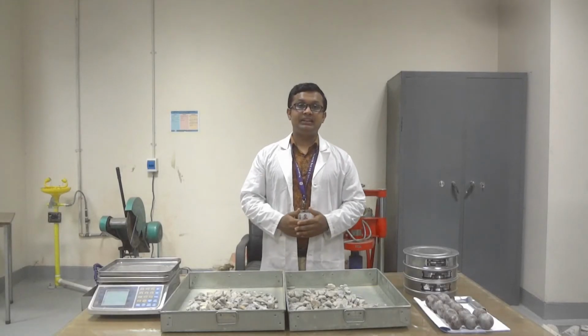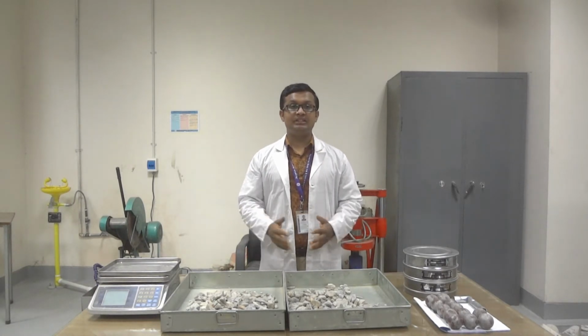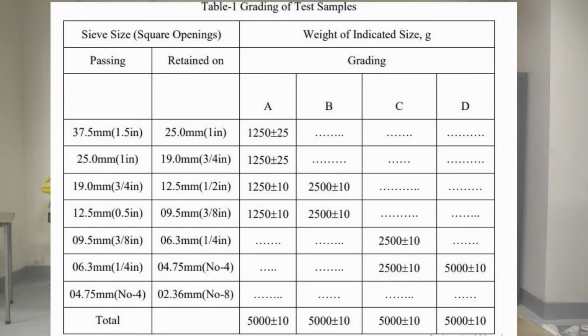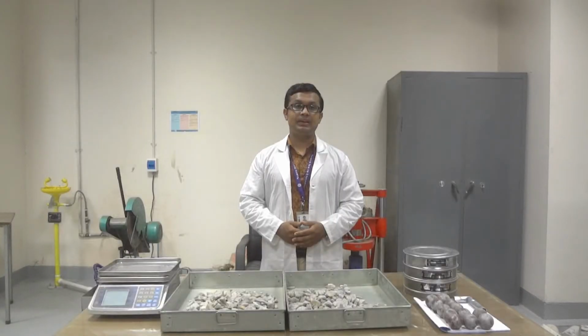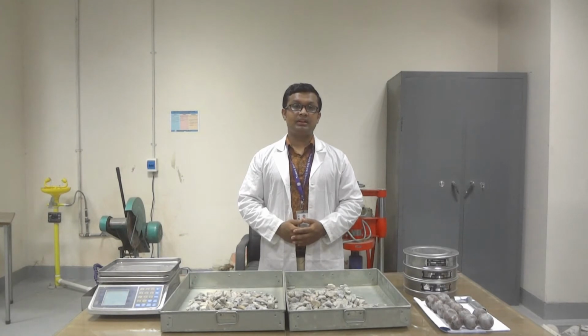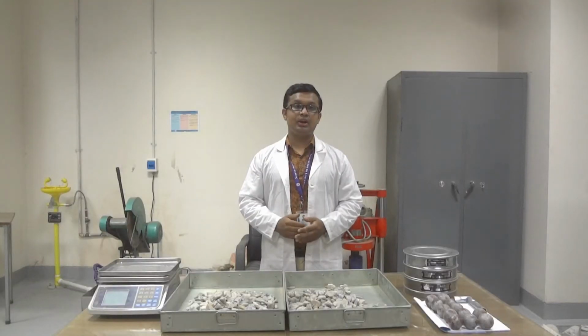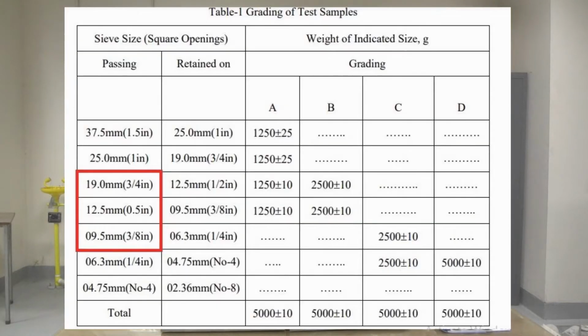The aggregate used for the test comprises grading as specified in this table. The selection of grading is dependent on its designated use. For example, if we are conducting the test using grading B, we shall require sieves of 19 mm, 12.5 mm and 9.5 mm.